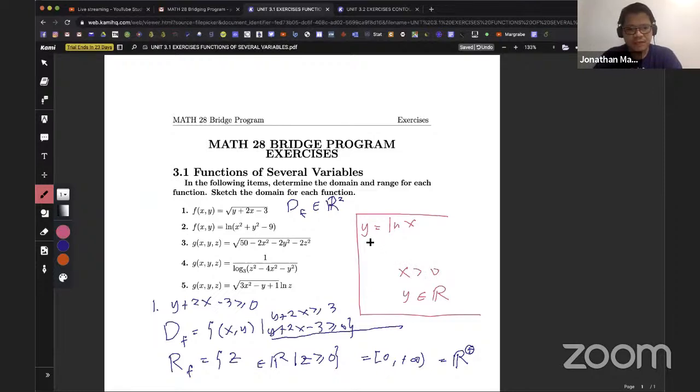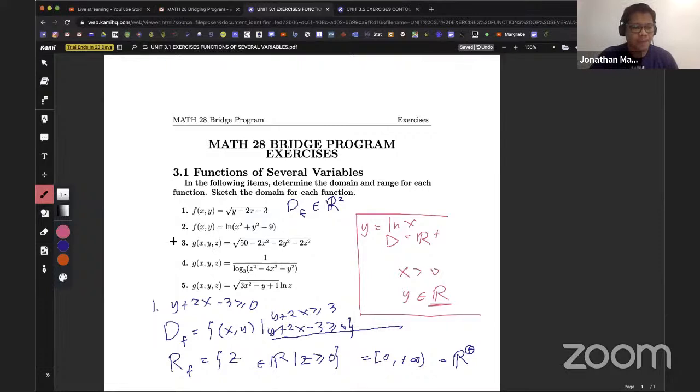So the domain of this is the set of all x's such that x is greater than 0, or R plus. The domain is R plus, and the range is the set of real numbers. So yun yung gagamitin natin na basis.